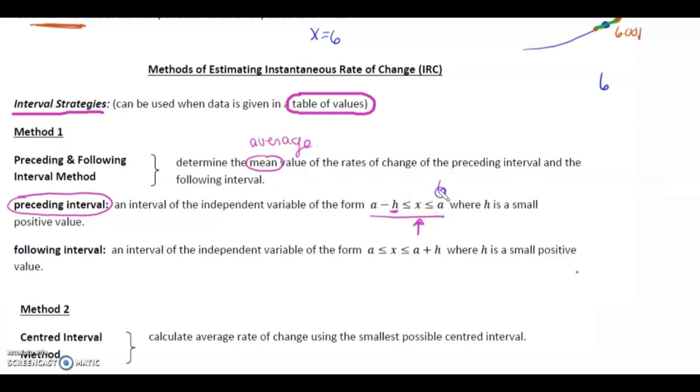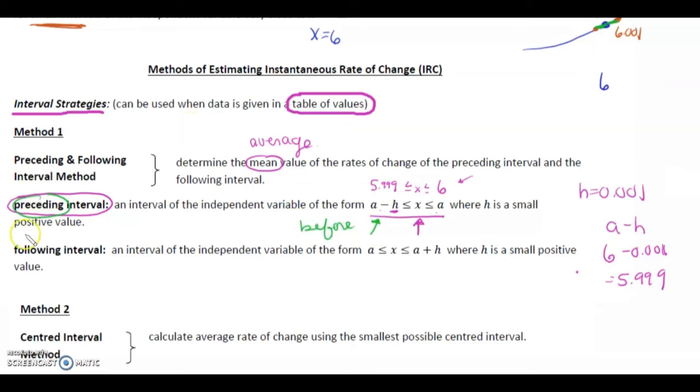Our a in the investigation was 6, so our interval would be maybe 5.999 and then 6, where h is a small positive value. Here h would be 0.001. We would take 6, subtract this really small number from it, and get 5.999. That's what our interval would be. When you think of the word preceding, think of the word before.